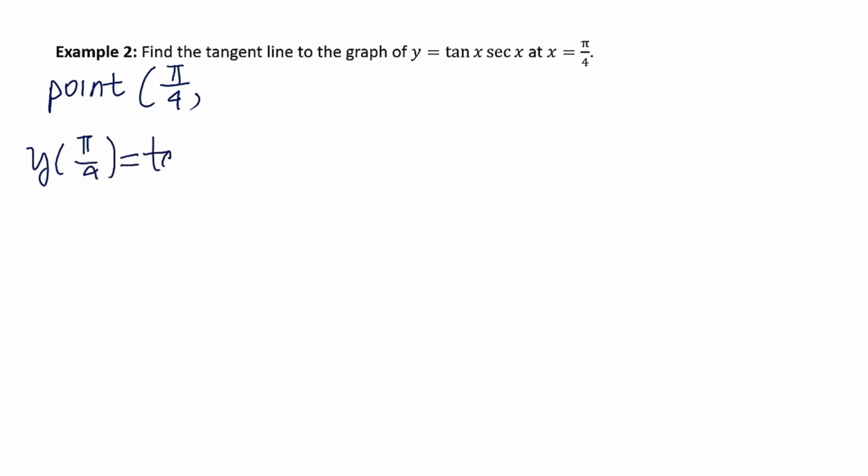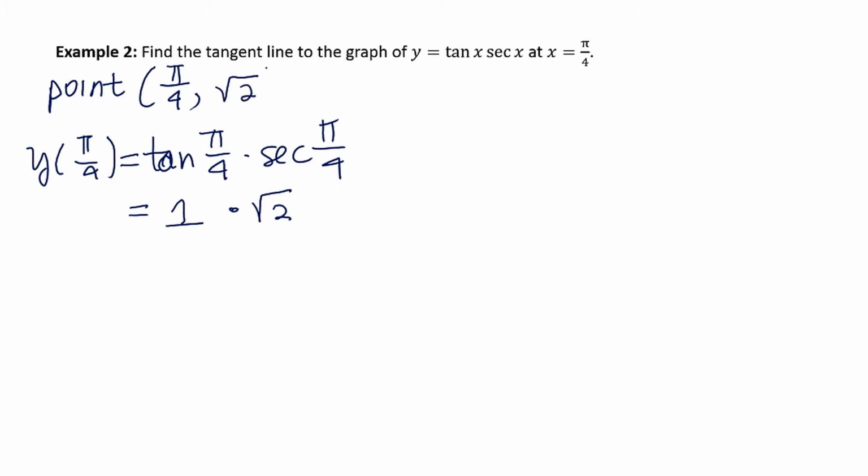That'll be the tangent of pi over 4 times the secant of pi over 4. The tangent of pi over 4 is 1, and the secant of pi over 4 is the square root of 2. The product of 1 times the square root of 2 is the square root of 2. Now we need the slope.